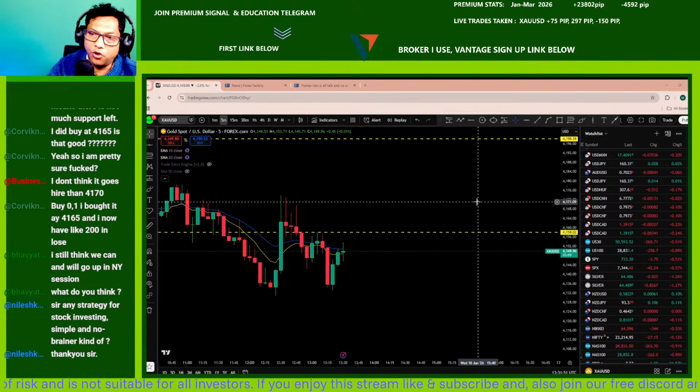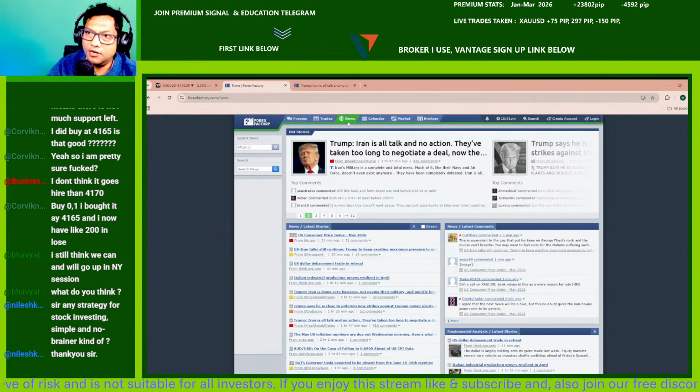Okay, so from this support we can see that breakout.